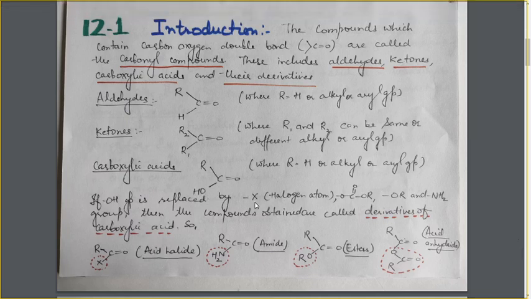Now, what are these different groups? It can be halogen atom, it can be carboxy group, it can be alkoxy group, it can be amino group. So, if this OH group is replaced by any of these four groups, then we will get the acid derivatives.